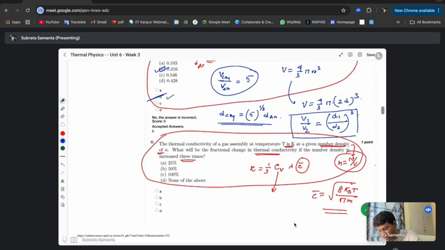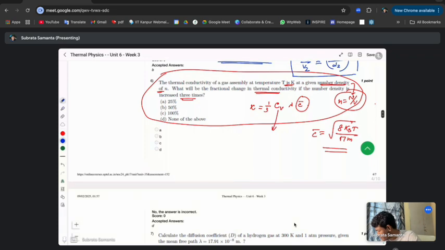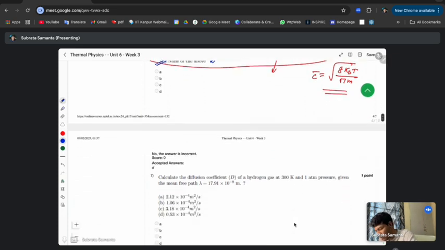The thermal conductivity does not change, so the option is obviously D, none of the above. The other options say the thermal conductivity changes 25%, 50%, 100%, but we just saw that it does not change. So option D is correct.